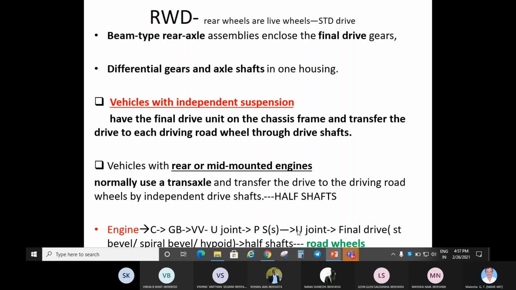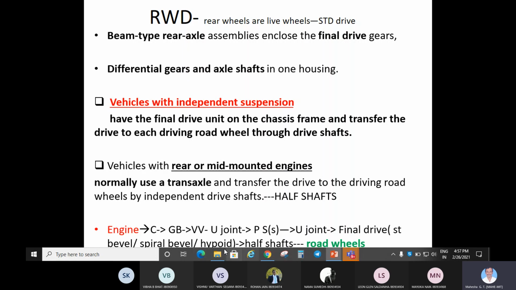case. Then there may be another U joint also at the back end of the shaft, which will be giving drive to the final drive, which may be of any of these types: straight bevel type, spiral bevel type or hypoid type of bevel gear. Some type of bevel gear is required here. A simple pinion and ring gear will not do the job.